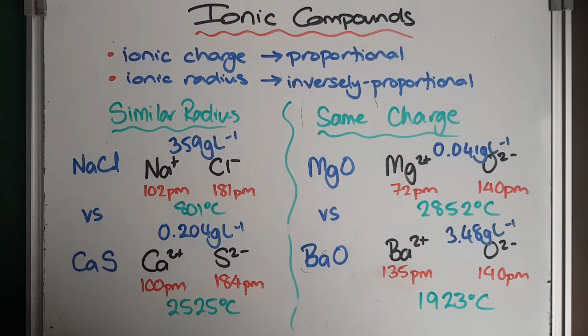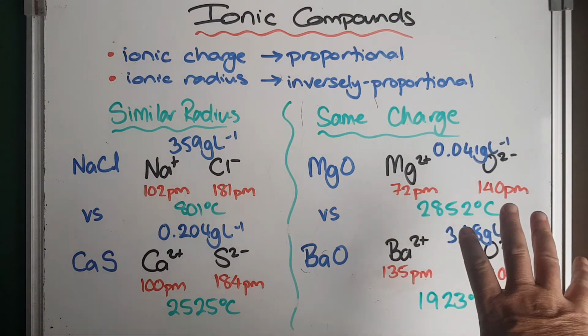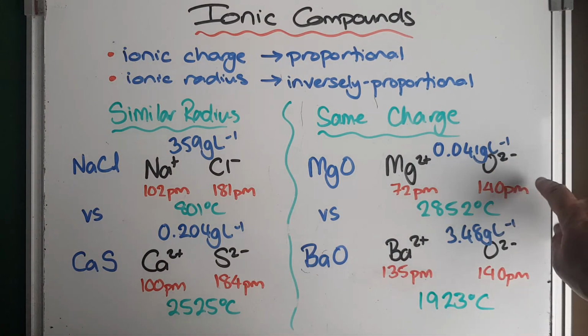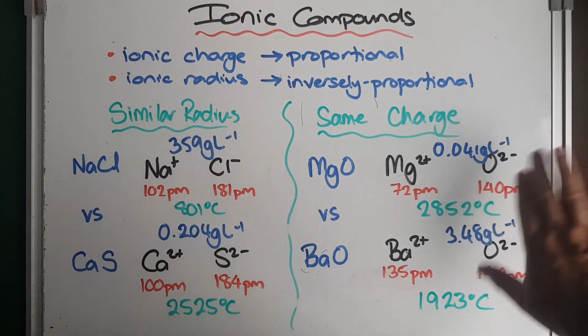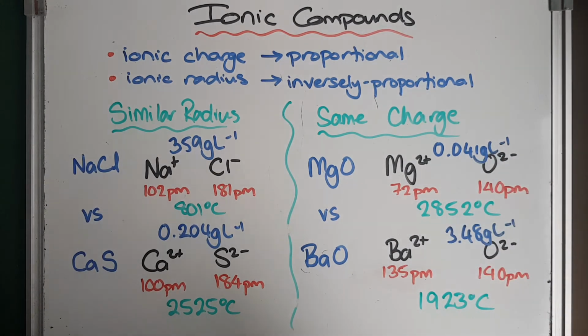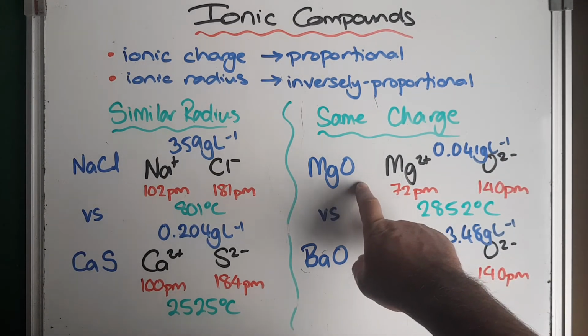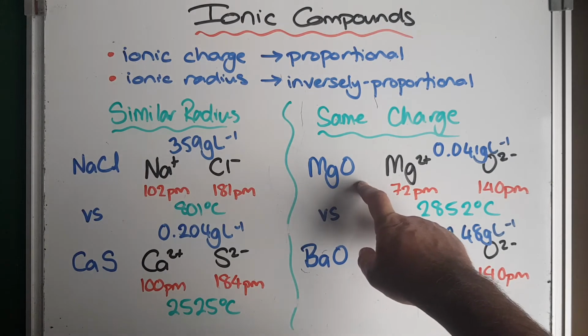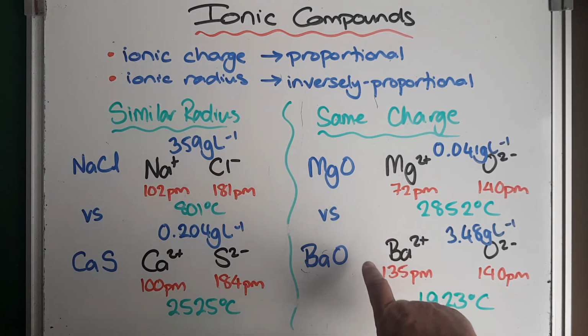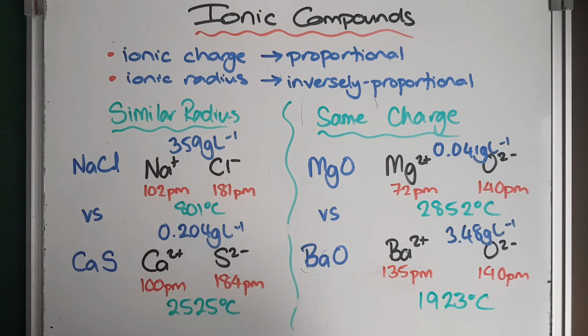Now, the other thing we could look at is, what if things have the same charge, but their radius is different? What sort of effect does that have? So I've grabbed two oxides here, because then the oxides are going to have the same radius and same charge, so they have no effect on this. But magnesium is in the 3rd period, and barium, I believe, is in the 5th period.